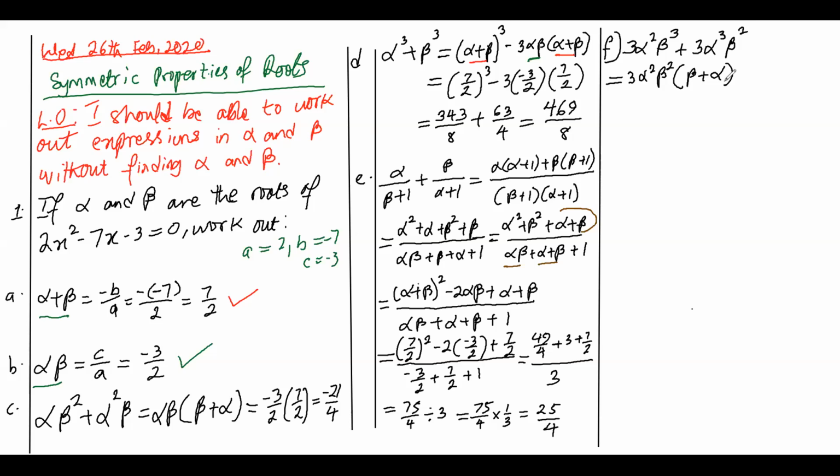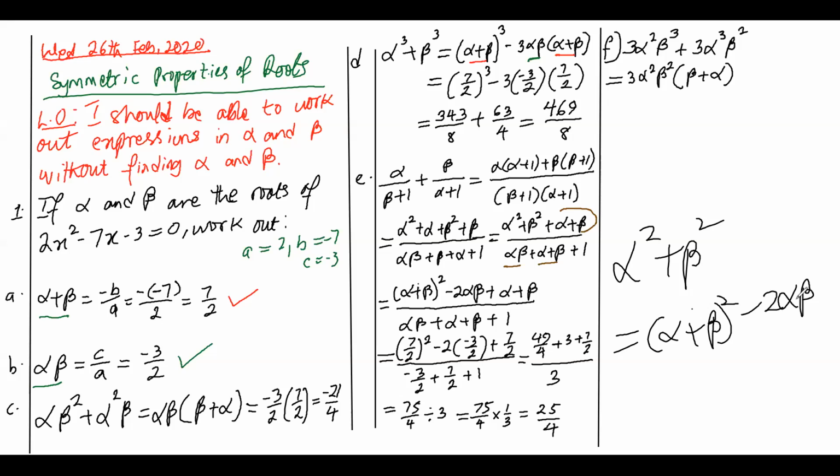Why are we using this? Substitute in. Substitute in where? Alpha squared and beta squared. But I can't find this from here. It's not here. Or can you? Oh, never mind. Sorry.